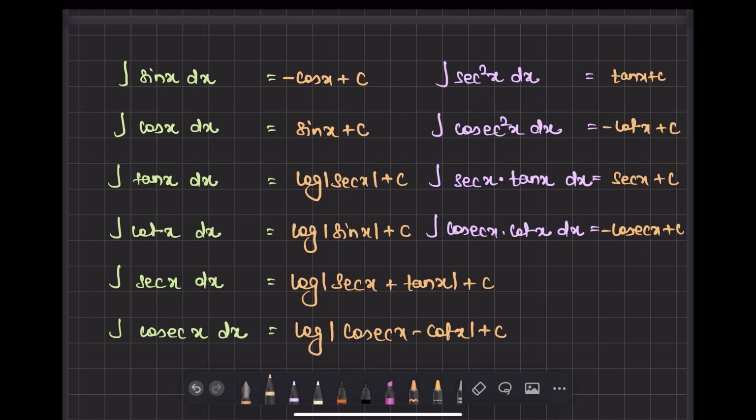Next, you have to hold command over these formulas. You have to handle all the trigonometric terms, sine, cos, tan, cot, sec, cosec. In the two terms, sine and cos, it is cos and sine, and in the remaining you will be having log. So log you have to handle carefully.